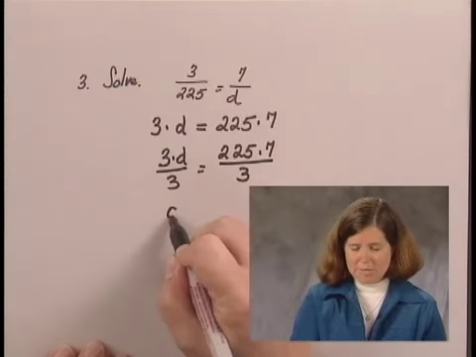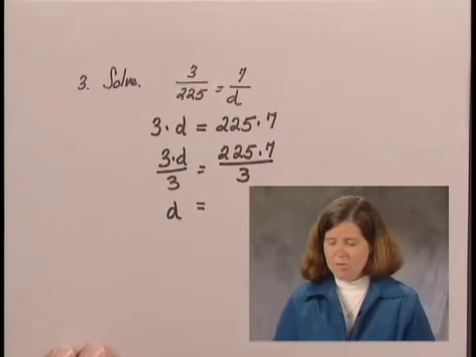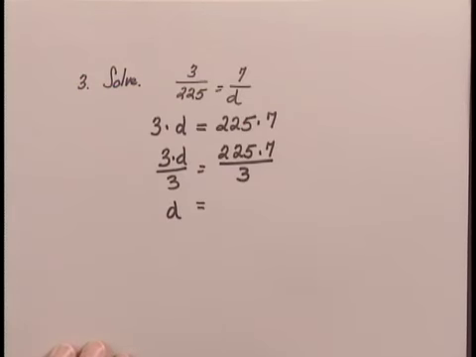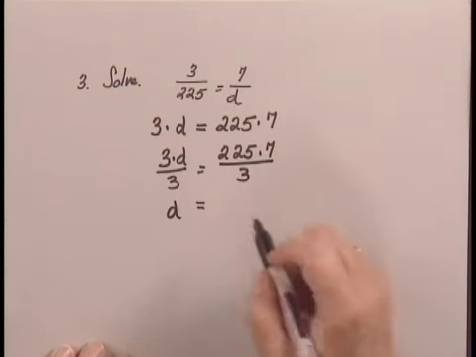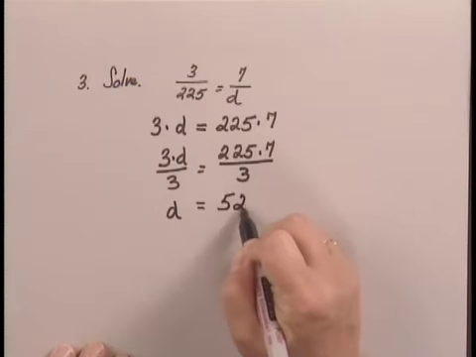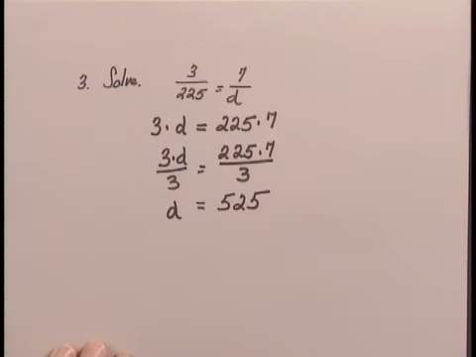The left side becomes D, and the right side we can multiply 225 times 7 divided by 3, and we have 525. So we have a possible answer, and we do need to check it in the original equation.